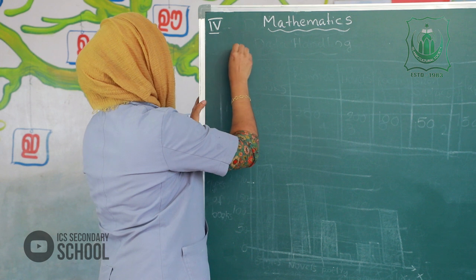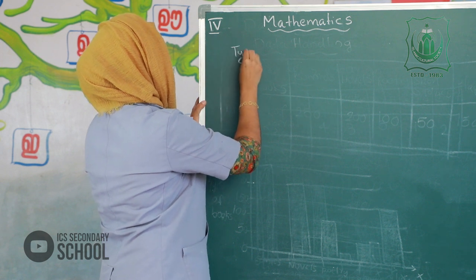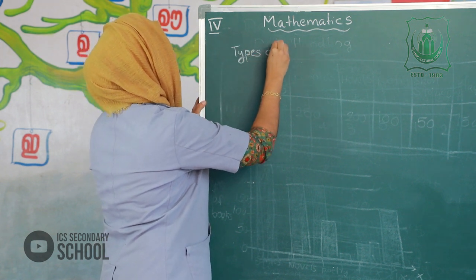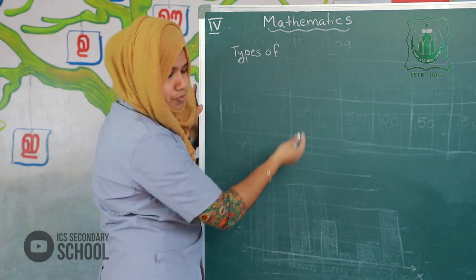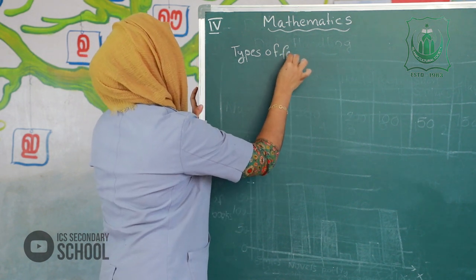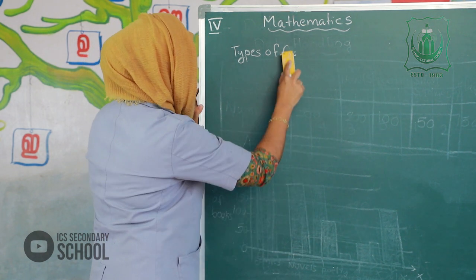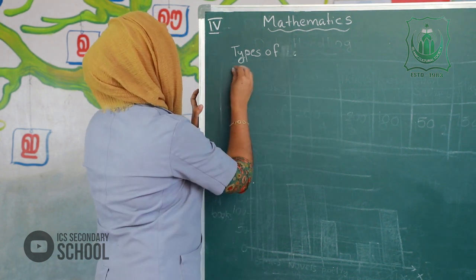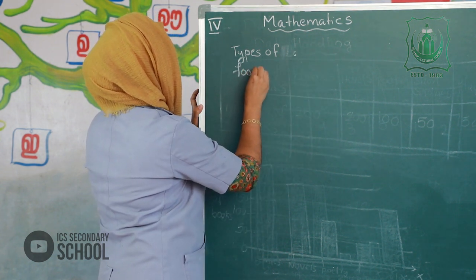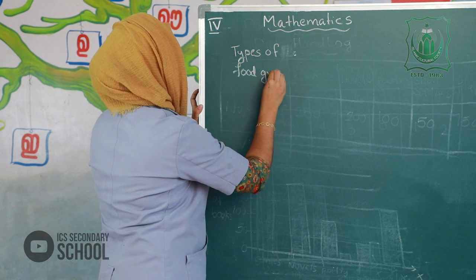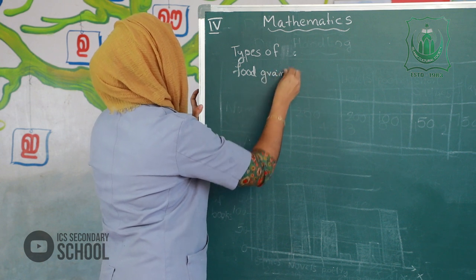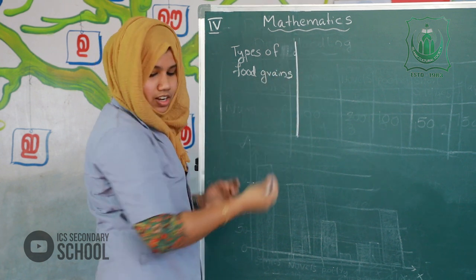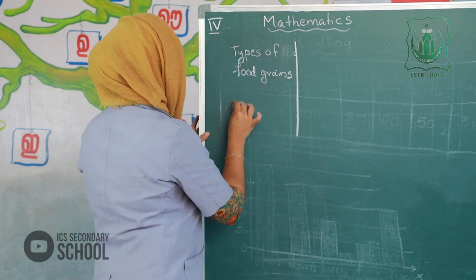So the first column is types of food grains. Okay. And the second column is number of sacks.